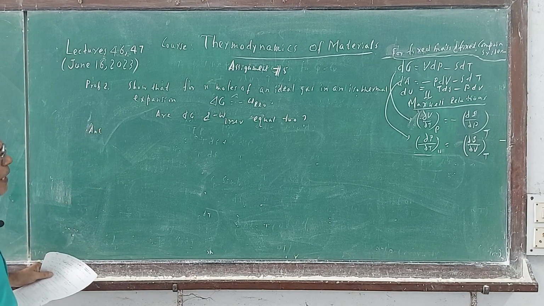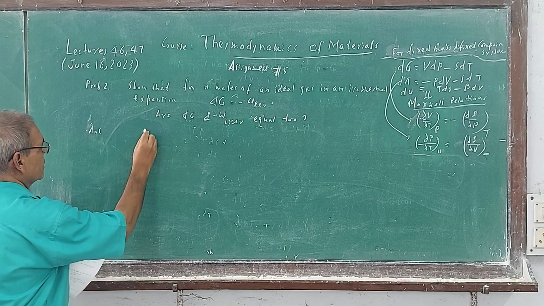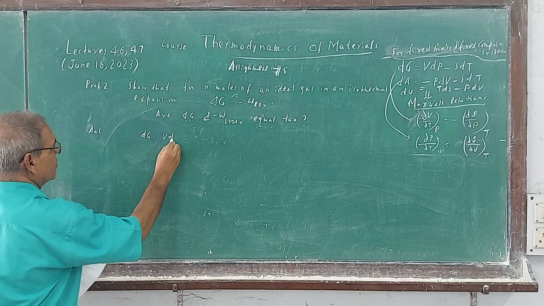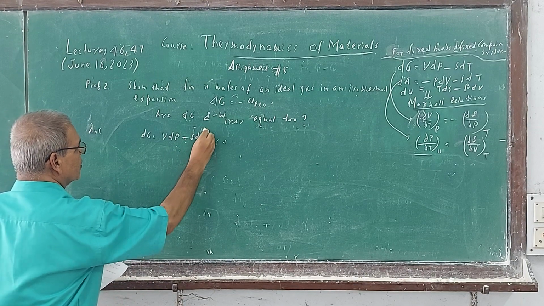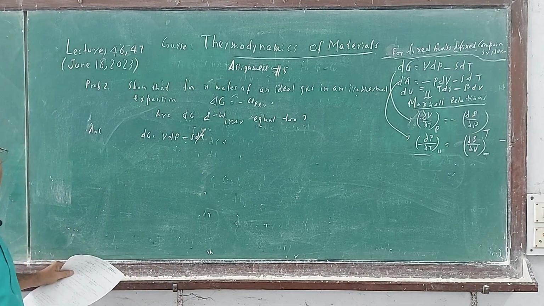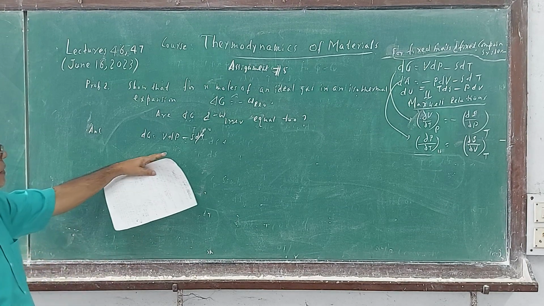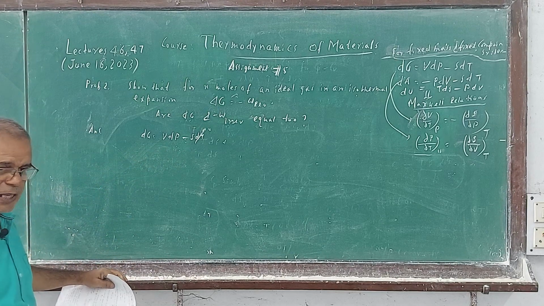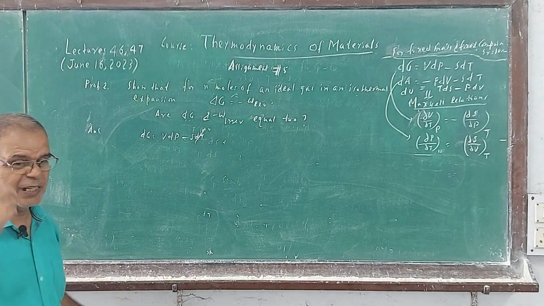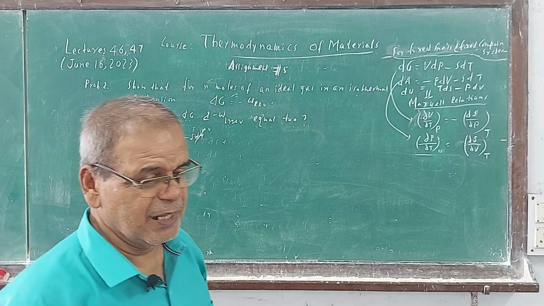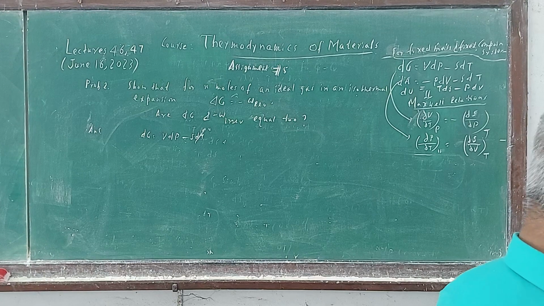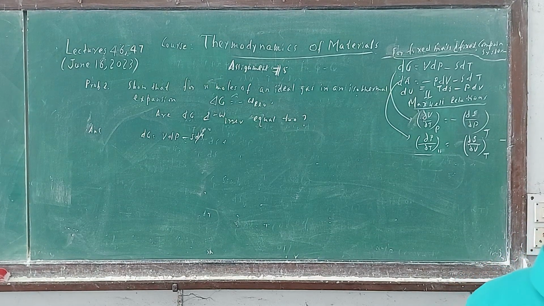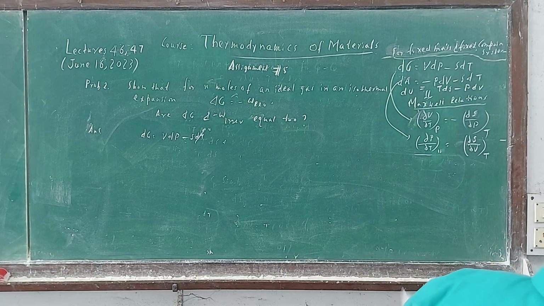First, let us see delta G for an isothermal expansion. What is delta G? You see, dG is V dP, under isothermal condition it is 0. That's fine, but work done will be obtained. That's the same.